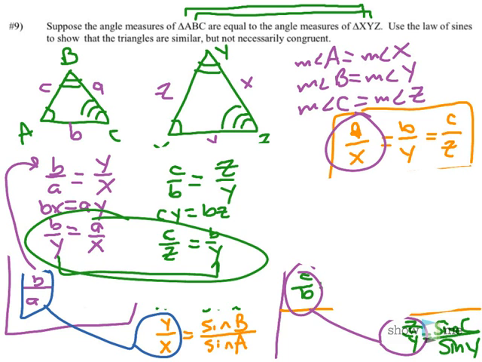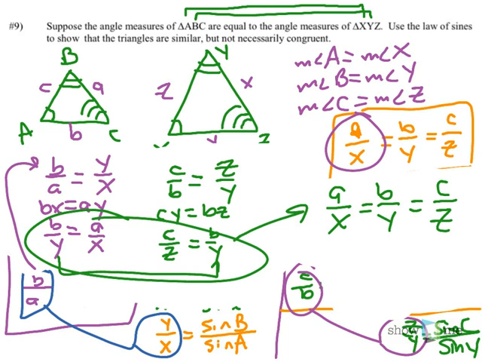If b over y is equal to a over x and b over y is equal to c over z, then that means that a over x is equal to c over z. So in conclusion, we can say that a over x equals b over y equals c over z.